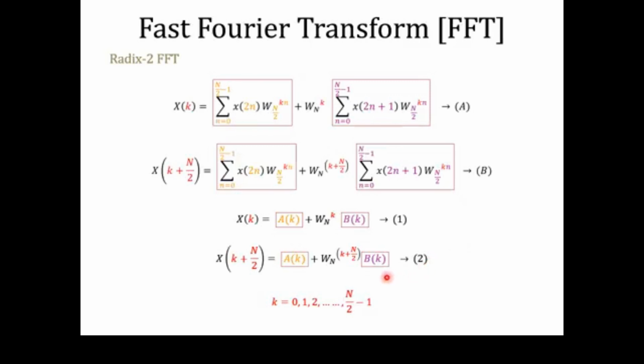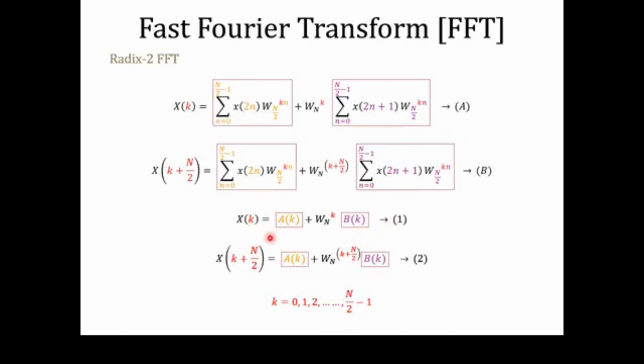Now, in order to understand these equations in more detail, we can assume a value of N equal to 8. So when we put N equal to 8, then the range of k will become 0 to 3. So let's put capital N equal to 8 and k equal to 0 to 3 in equation 1, and just imagine what will happen.